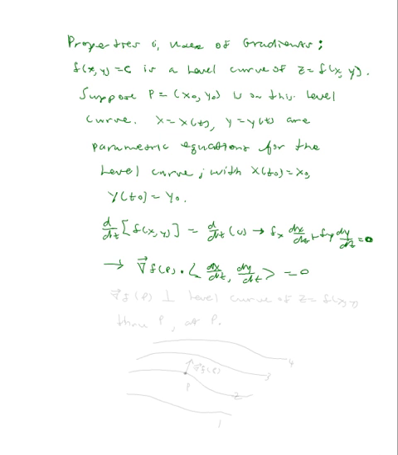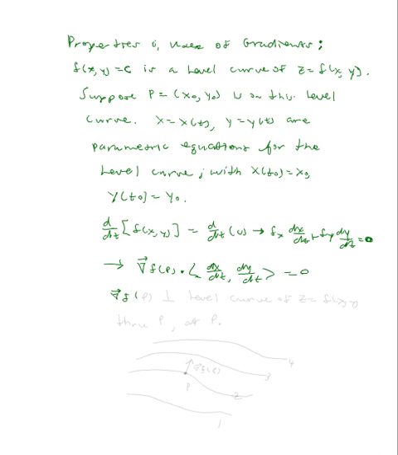Well, the vector with components dx/dt and dy/dt at t sub 0 is tangent to the curve at point P. And this dot product being 0 says that the gradient vector is perpendicular to this tangent vector. Therefore, the gradient vector is perpendicular to this level curve.